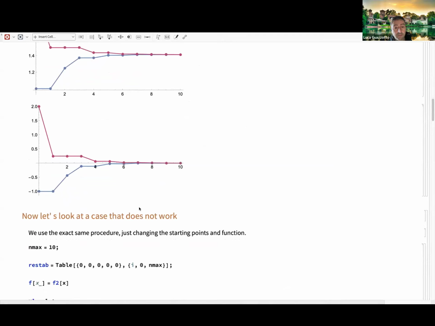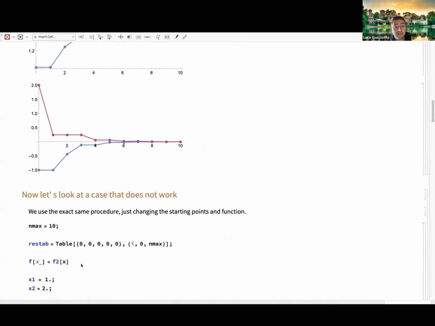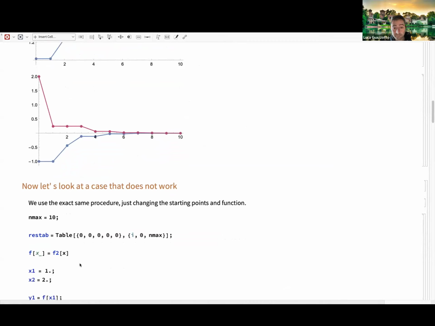So here I'm using a different function. It doesn't matter what it is. It matters a lot actually, but I'm going to leave this hanging for a second, and I'm going to do the same exact thing. I have my f of x. I'm going to define it with a new f2. I don't remember what it is.